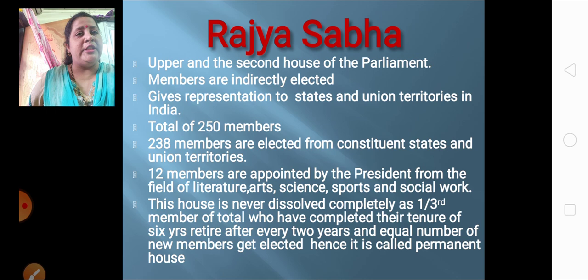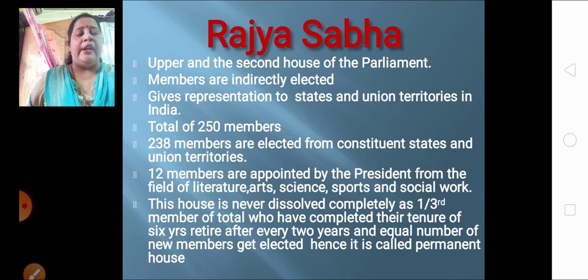What is the composition of the Rajya Sabha? Total of 250 members, out of which 238 are from the constituent states and union territories, and 12 members are appointed by the president from the various fields of literature, arts, science, social work.